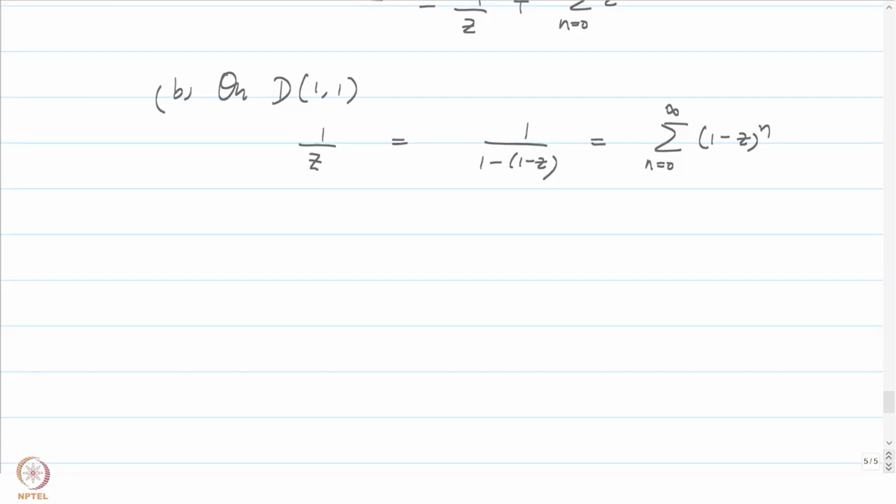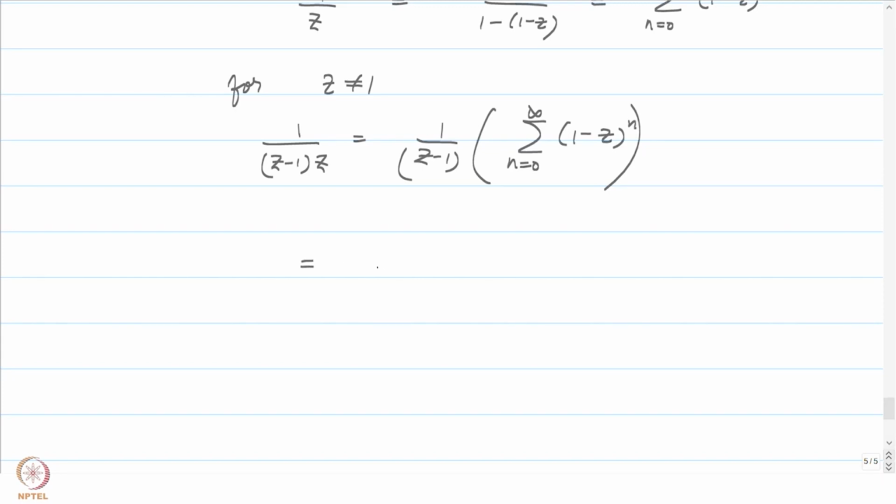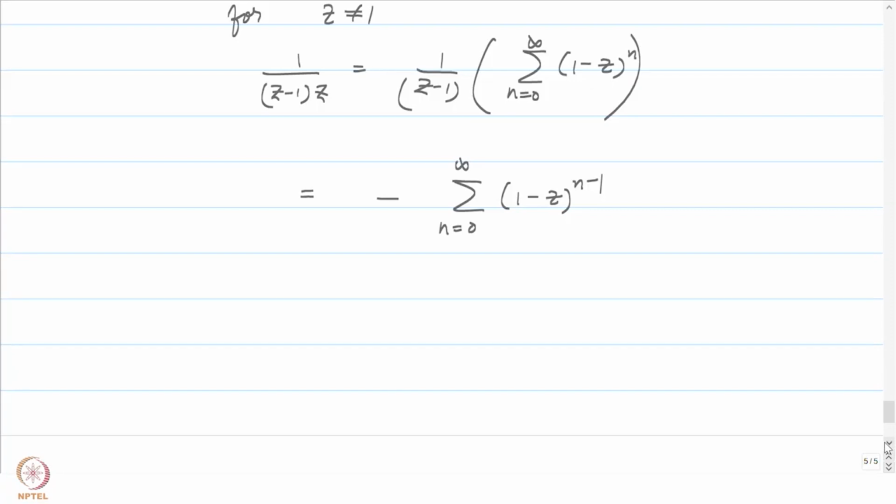And because this series converges absolutely, for z not equal to 1, 1 by z minus 1 times z is going to be equal to 1 by z minus 1 times this series, which is going to be equal to minus the summation n equal to 0 to infinity of (1 minus z) to the power n minus 1. Yet again, we can write the expansion similarly as above. So this is going to be the Laurent series expansion around 1 in a punctured disk of radius 1.